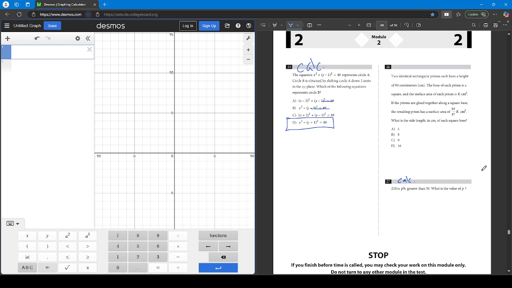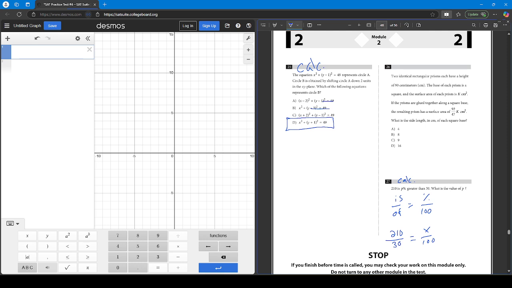Again, I'm going to remember my is over of equals percent over 100. And we're looking for percent, so we're looking for x out of 100. 210 is what percent of 30?